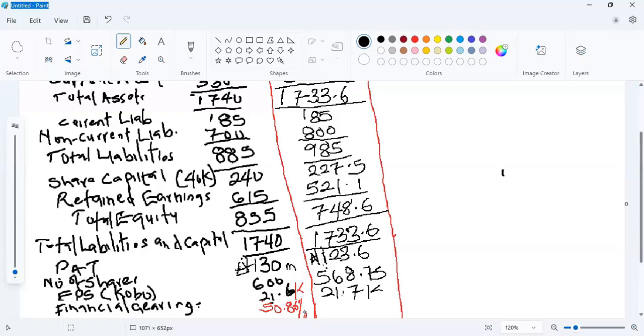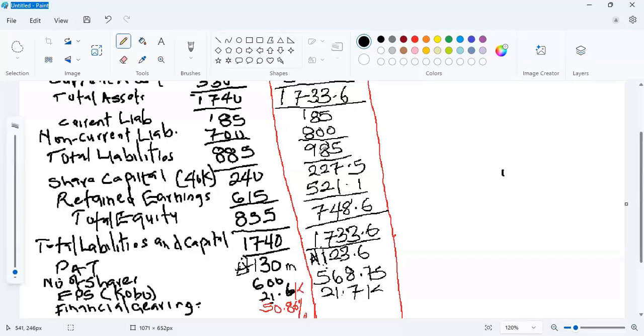So the question says, what is the impact of each proposal on the financial position? We have done that. On the earnings per share, you observe that with proposal 1, earnings per share increases. What is the impact on financial gearing? Your financial gearing is total liability divided by total asset.